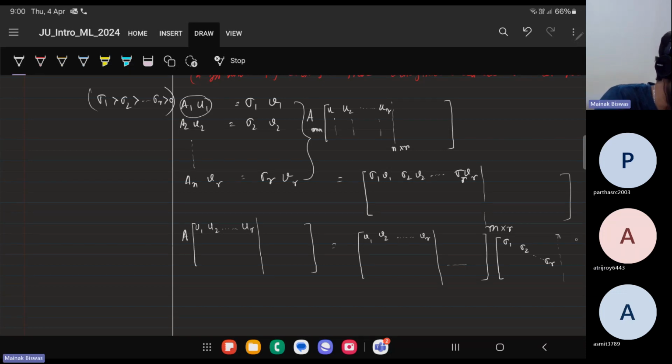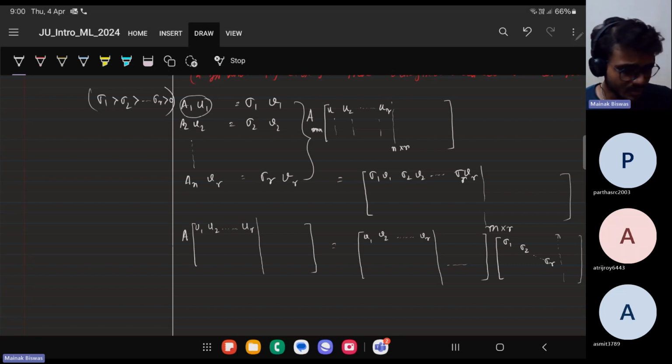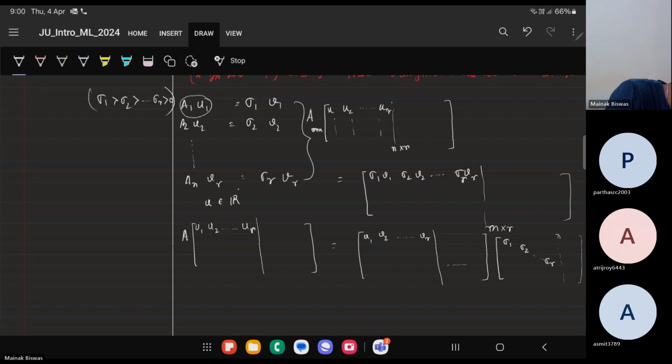Now my design is not yet complete. I could have kept it to the R by R matrix, but that would have been tough. I need to convert this. So, do you agree U belongs to R to the power N?